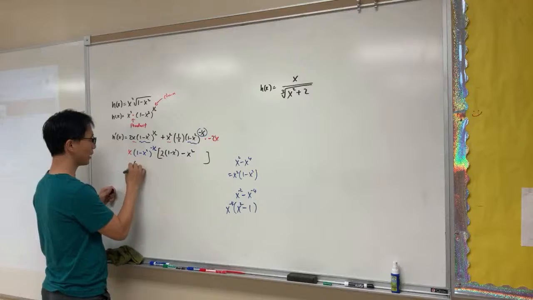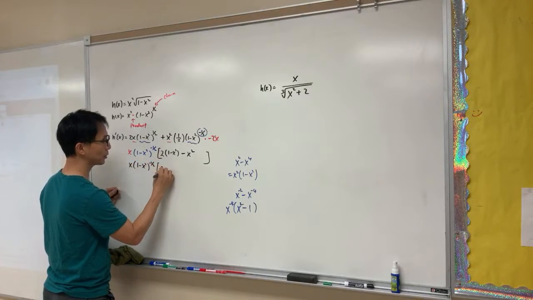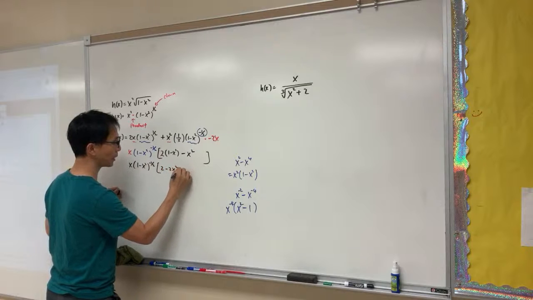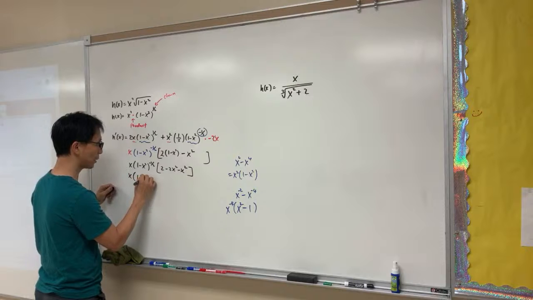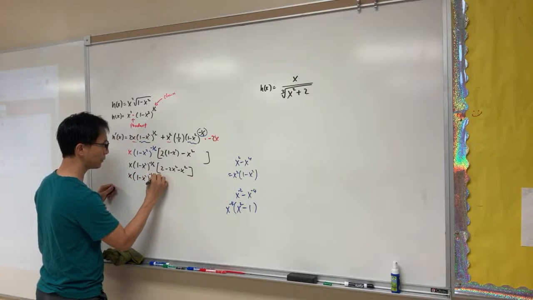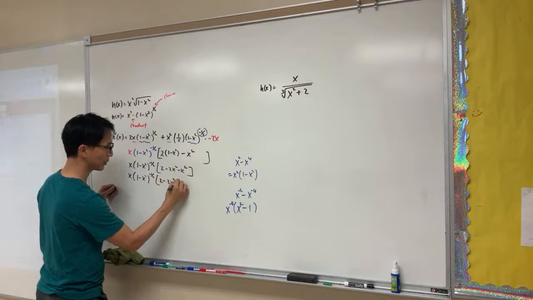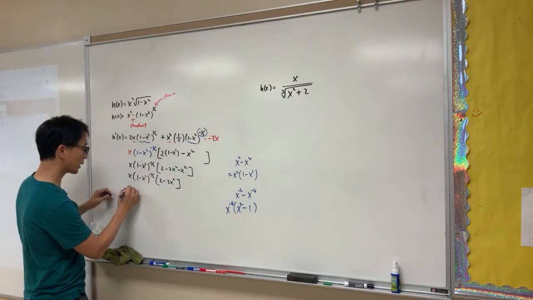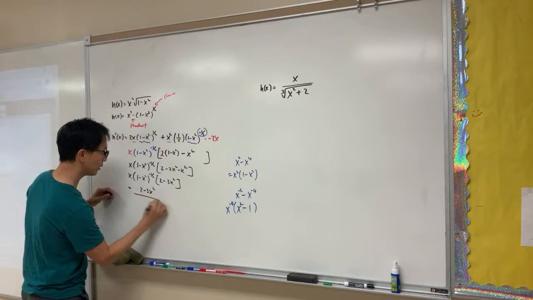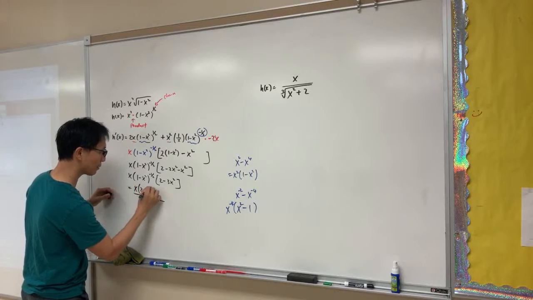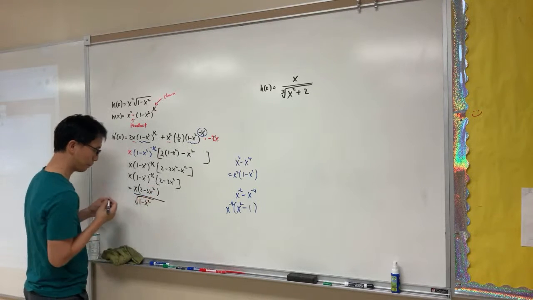So I'm going to have x times (1 minus x squared) to the negative 1/2 times 2 minus 2x squared minus x squared. So it'll be x times (1 minus x squared) to the negative 1/2, and this one's going to be what? 2 minus 3x squared. And then I can simplify that: (2 minus 3x squared) over the square root of 1 minus x squared, times x.